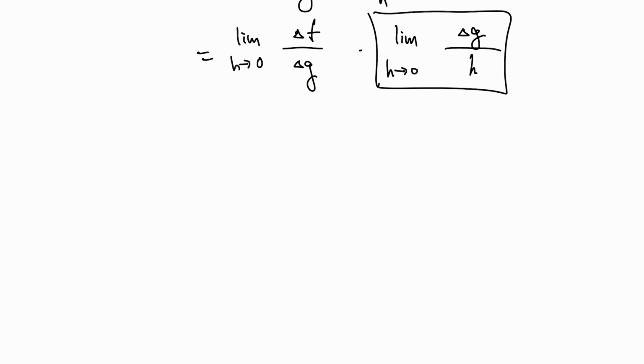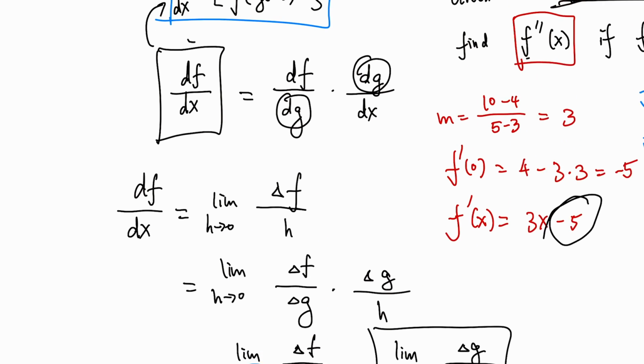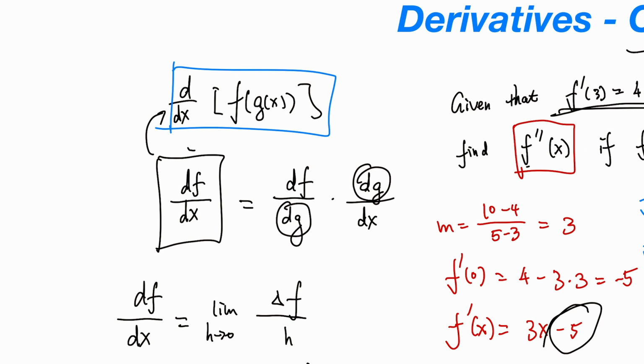And we know that is simply the definition of the derivative, so we can get that into dg over dx. And for this part, it's not directly the definition of the derivative, because these two parts are not the same variable.